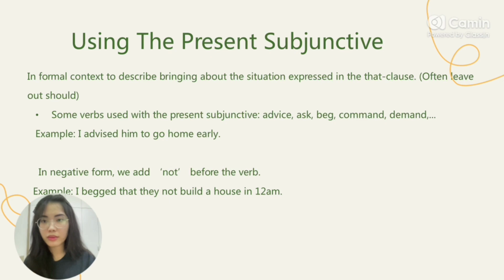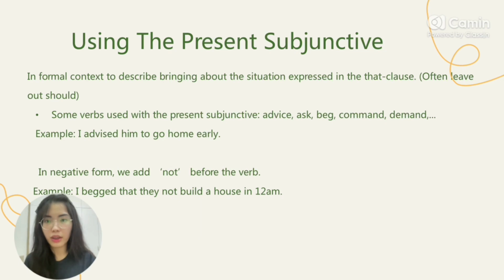There are specific verbs commonly used with the present subjunctive, such as advise, ask, urge, want, and similar verbs. For example, you may say, I suggest that he be on time.